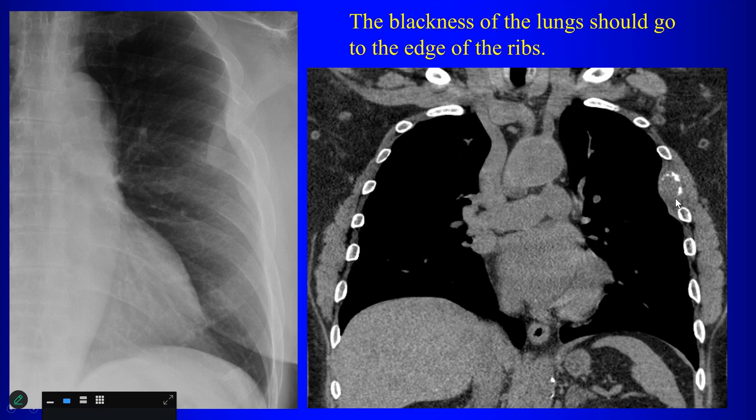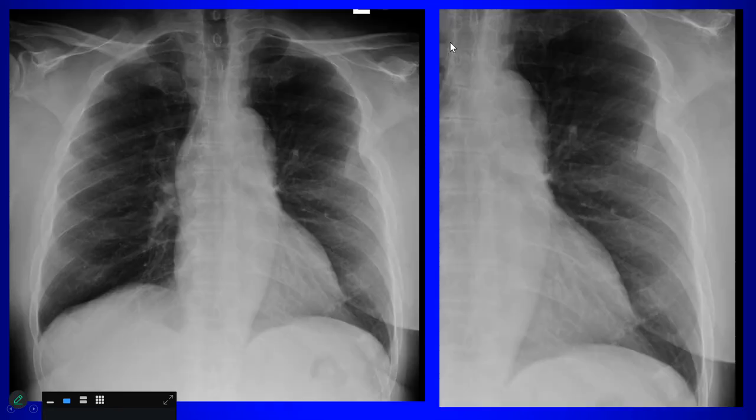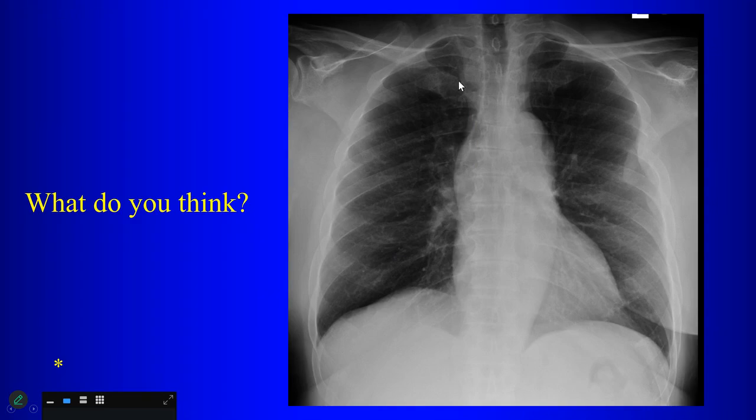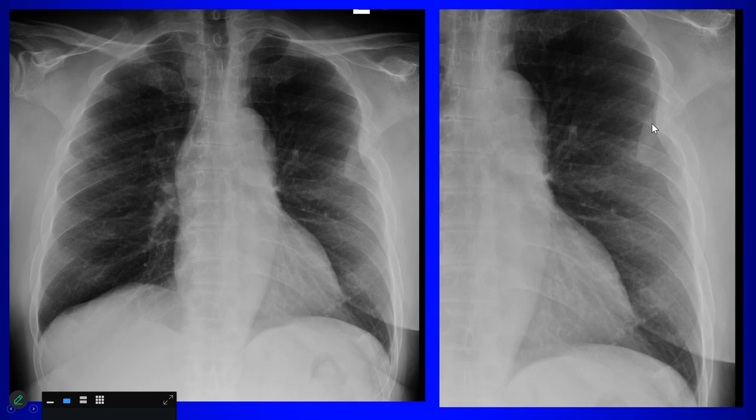Okay? One of the most important rules: the blackness of the lungs should go to the edge of the ribs. That's true in the apices. That's true along the lateral aspects of the chest. You look here, there's something here.